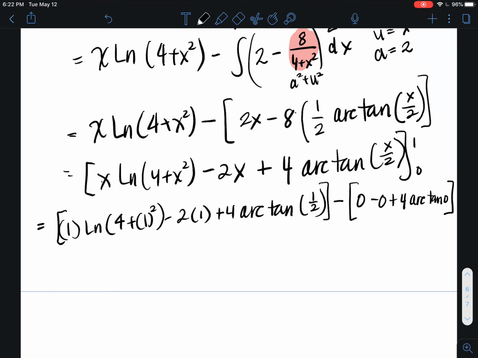Arctangent of 0 is 0, so really the whole 0 part goes away. So let's work with what I have on the left-hand side. So this becomes natural log of 5 minus 2 plus 4 arctangent of 1/2.